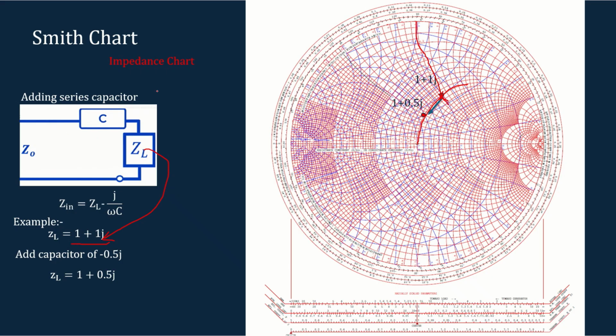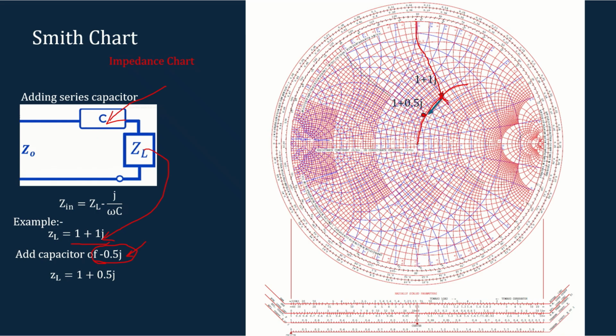My task now is to add a series capacitance. I am considering its value as minus 0.5j. So here I am adding a capacitance of minus 0.5j. In that case, my total impedance will be 1 plus 1j minus 0.5j, which is 1 plus 0.5j. Adding a series capacitance of minus 0.5j means I have to move by 0.5 along this inductance.